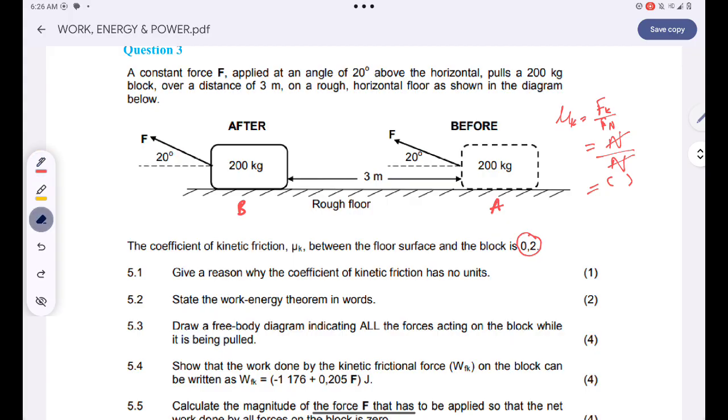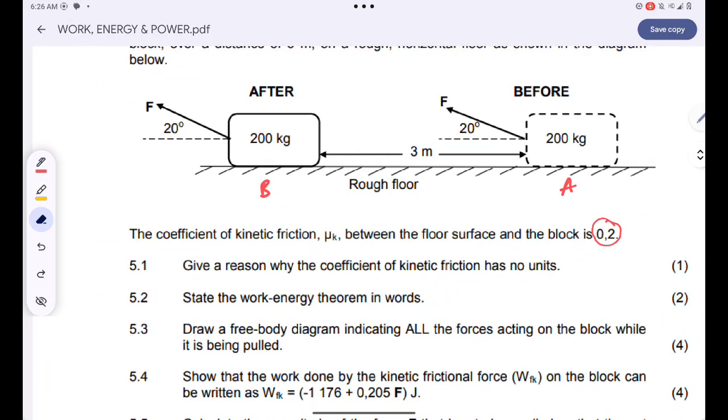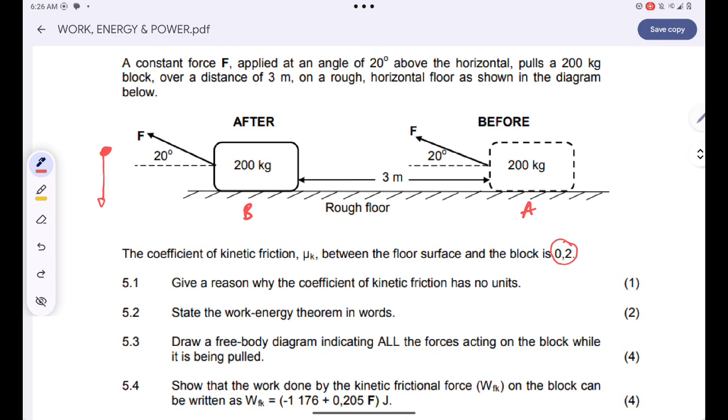Okay, your free body diagram can be like this. Since the block is in the universe, you'll obviously have the gravitational force. There is a force opposing motion because this is a rough surface, right?